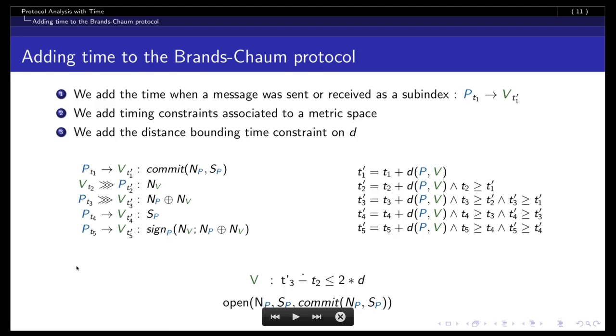But we need to control, like I said before, the round trip check. The round trip check has the formula: the last message the verifier receives, T3 prime, minus the first message the verifier sent in this fast trip, must be less than or equal to the multiplied distance.